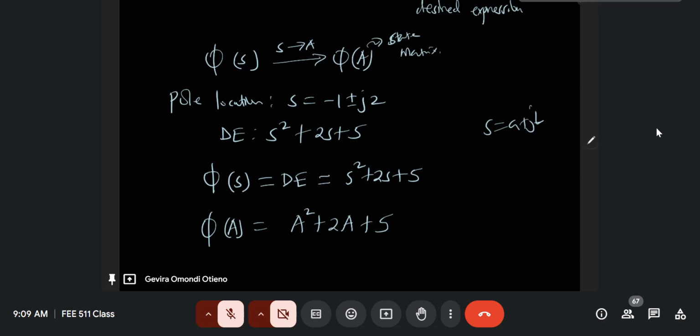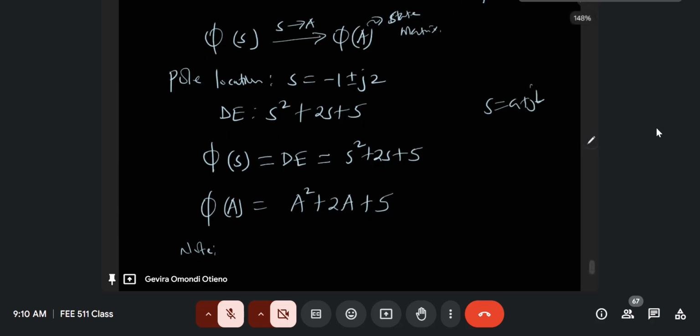So this is a matrix. A is simply a matrix. Now we are transforming phi of S, which we have obtained from the desired expression, into phi of A. Please note, this is very, very important, and students should not make these mistakes. Otherwise, people will question your integrity as a final year student. This is a matrix.